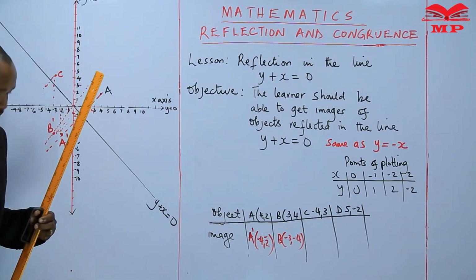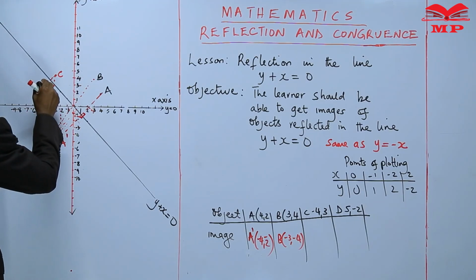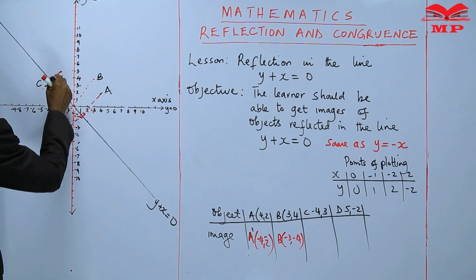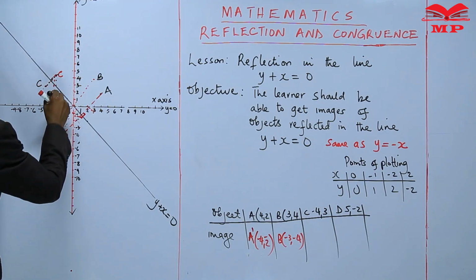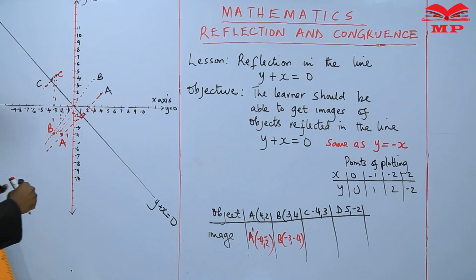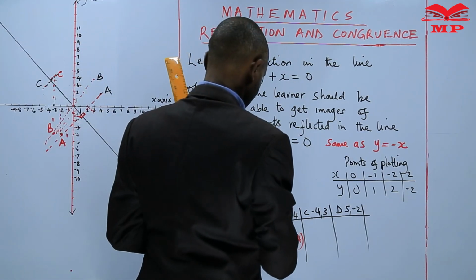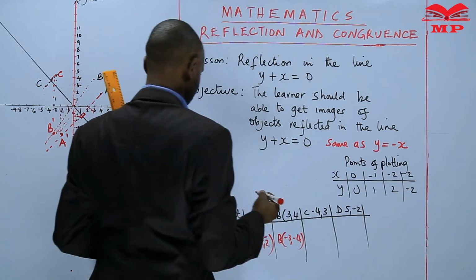This is C. So we've reflected. -4, 3 becomes -3, 4.